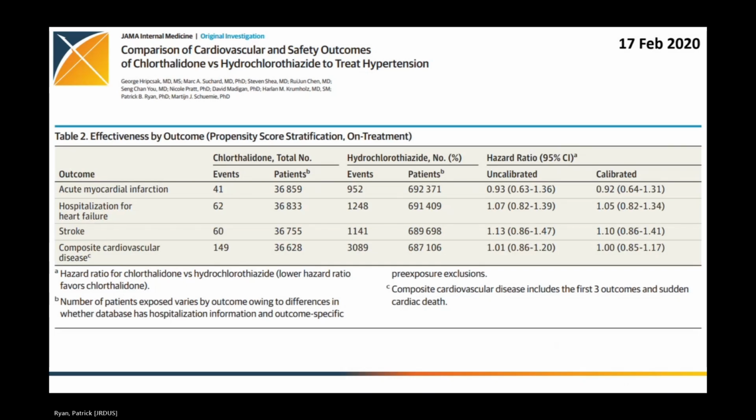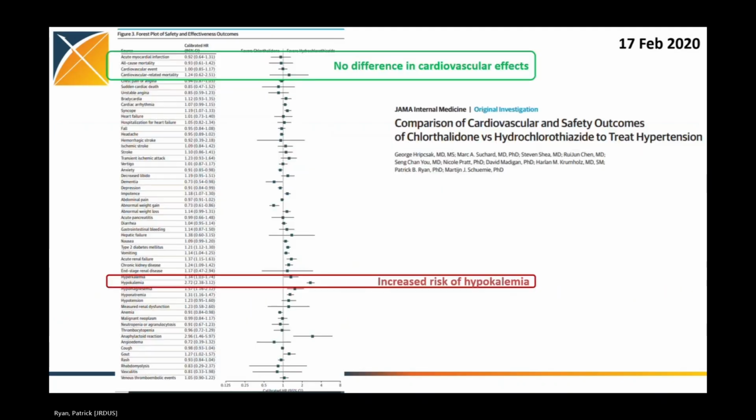We had more than 30,000 exposures of chlorthalidone and 600,000 exposures of hydrochlorothiazide. So we had pretty good statistical power to have confidence in saying we really don't think there's any difference between these drugs, even though the guideline says you should prefer chlorthalidone.